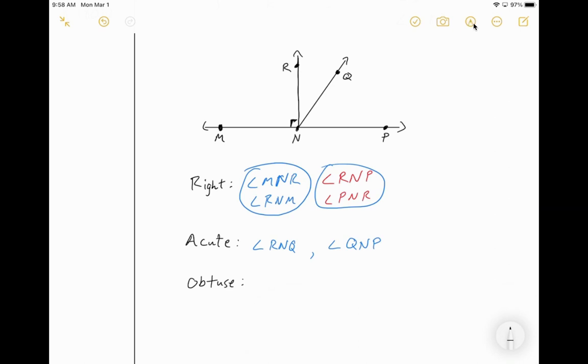Anyone see what the obtuse angle is? Yeah, some of you are seeing it real good. Good job. All right, the obtuse angle is right here. This one's kind of hard to see, but it's hidden.